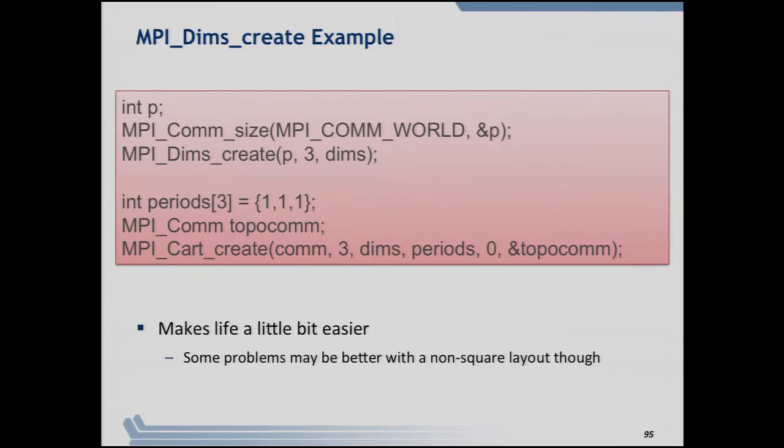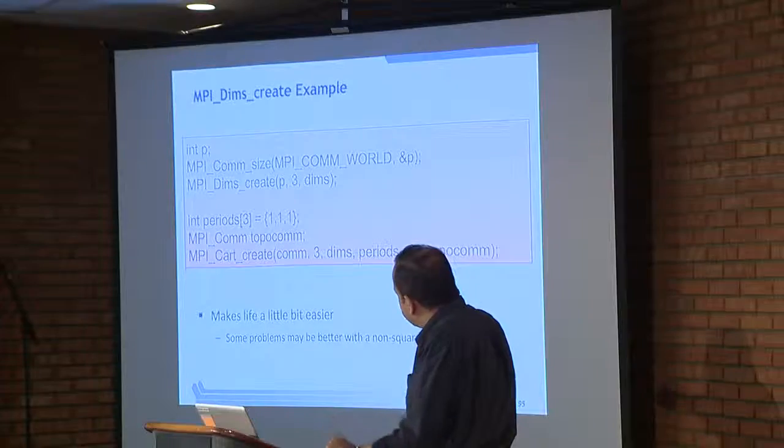So this is an example of how you use it. You're running this program for any number of processes, that is P. You get the number of processes, MPI comm size. Then you call MPI dims create. You pass P, and you pass 3 as the number of dimensions, and you pass this array, which MPI will fill out for you.